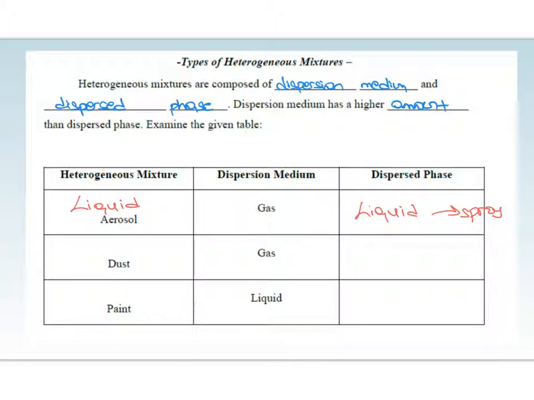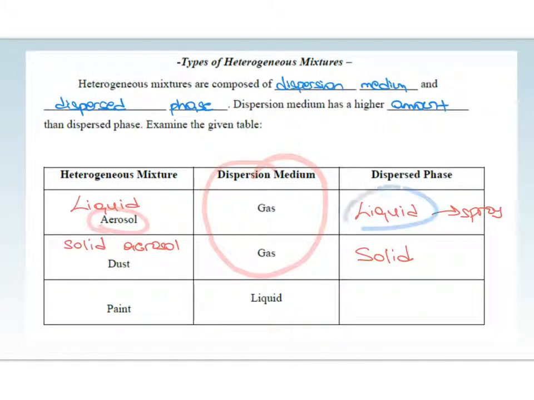Dust, this is known as solid aerosol. In this case, you have dispersion medium, again gas, but you have solid as a dispersed phase. So when I told you you have an aerosol, then you're going to understand the dispersion medium is always going to be gas and dispersed phase can be different.